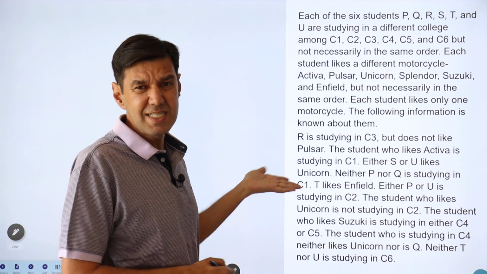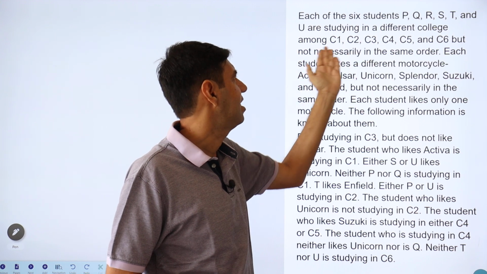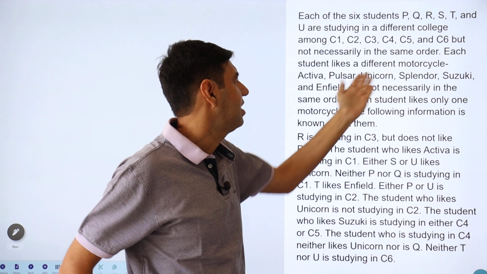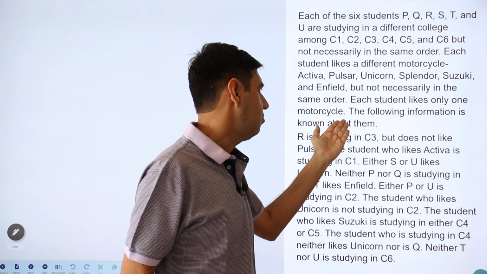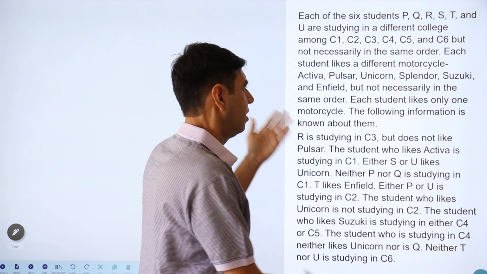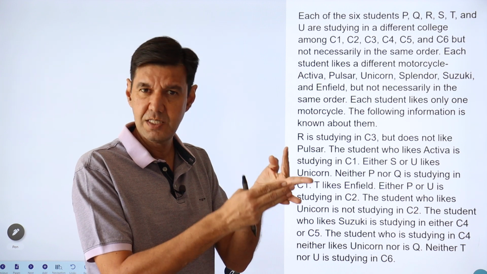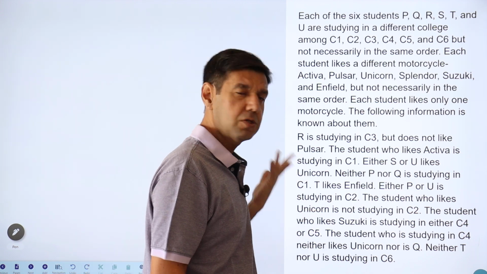So the set isn't scary, in the sense each of 6 students, P, Q, R, S, T, U, is studying in a different college, C1 to C6. Each student likes a different motorcycle, and each student likes only one motorcycle, and then there are clues. So it's just names, PQRSTU, colleges, the bike that they like, and not many clues, right?